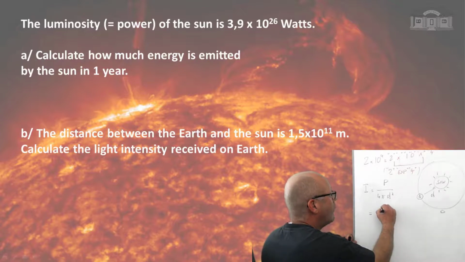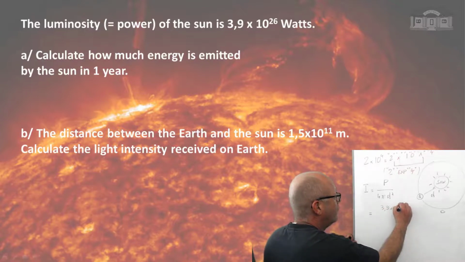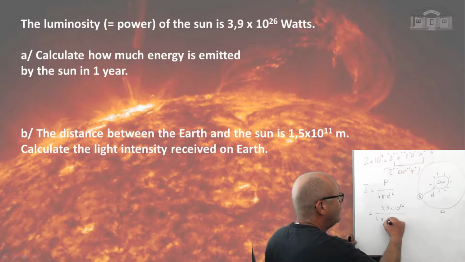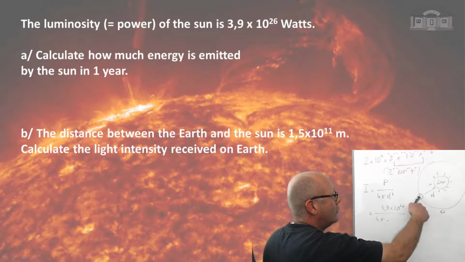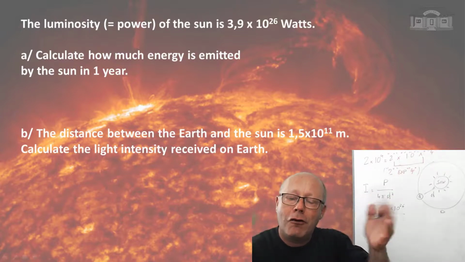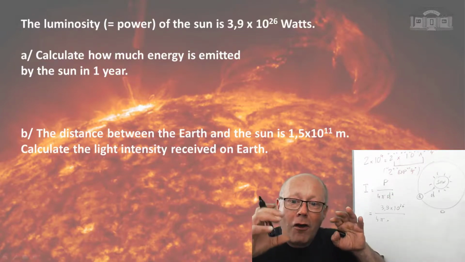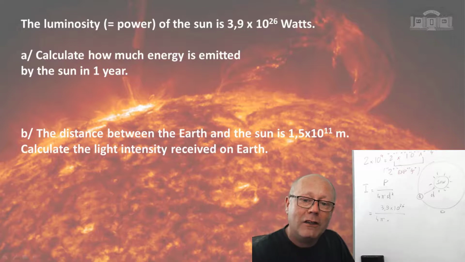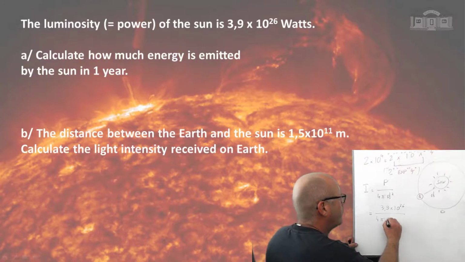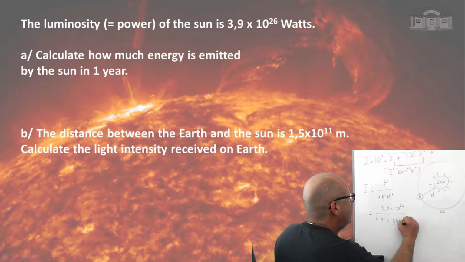In our case, 3.9 × 10^26 divided by 4π multiplied by the distance from the Earth to the Sun, which is the radius of the sphere around the Sun, and the Earth is on the surface of this sphere. So it gives you 1.5 × 10^11, and the whole thing squared.